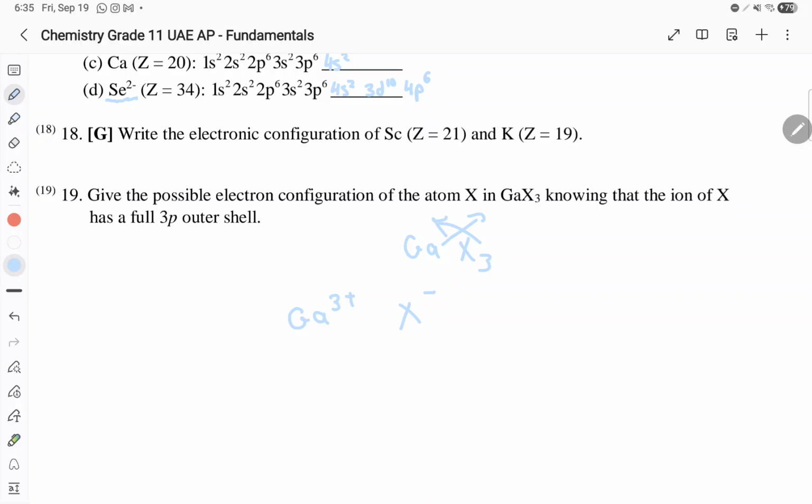It told you it has a full 3p outer shell. So it is 1s2, 2s2, 2p6, 3s2, 3p5. You're going to say, why did you stop?